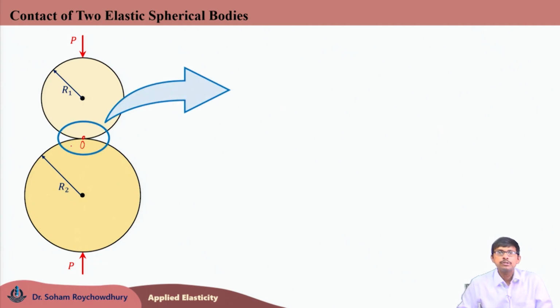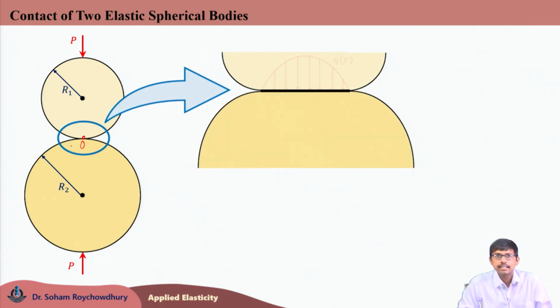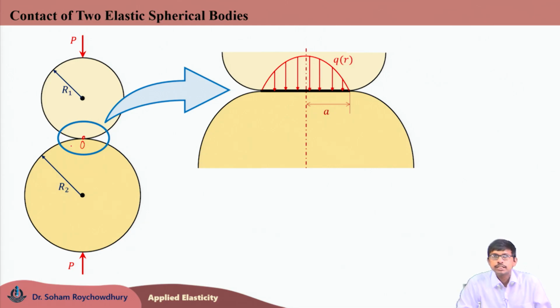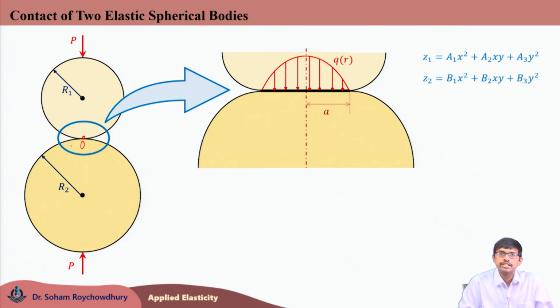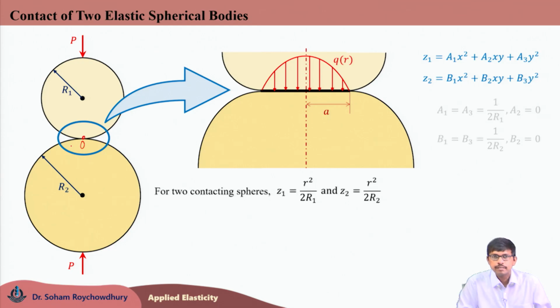Now, let us look into the point of contact, that region in a zoomed view, where the contact patch area is generated, which is having radius small a, and q(r) is the pressure profile distribution, which is varying radially over this contact patch. Now, considering this equation, z1 and z2 are the distances of the 2 points M and N in the normal direction, lying on the two bodies B1 and B2 respectively.